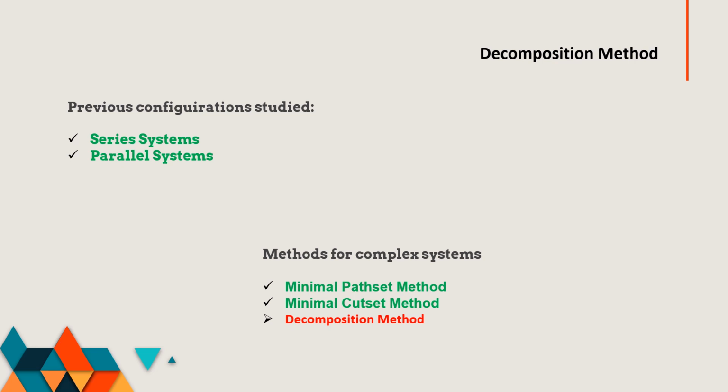Also, last time we looked at some methods for evaluating the reliability of complex engineering systems. The two that we looked at in the previous class are the method of minimal path sets and the minimal cut set method. Today we'll be treating the third one, which is the decomposition method. Of course, there are other methods, but in this course we'll be limited to just these three.